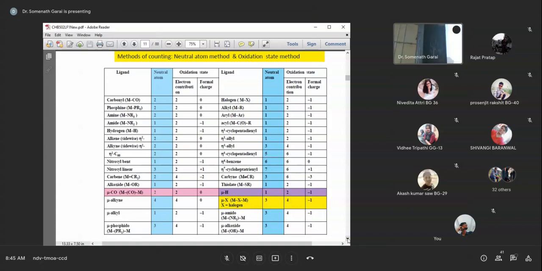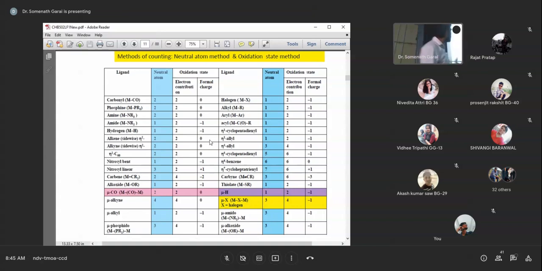Okay. Next type of ligands are basically eta type of ligands. In the case of eta type of ligands, the eta number will give you the number of electrons being donated by a particular ligand.